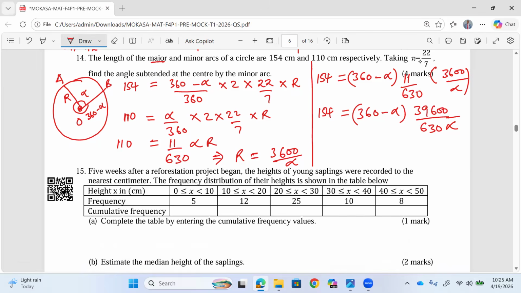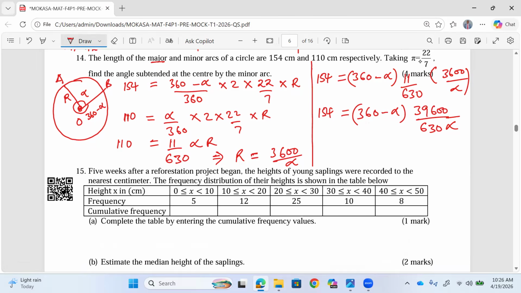360 times 39,600, and of course, over 630. So let me multiply 360 by 39,600 over 630.